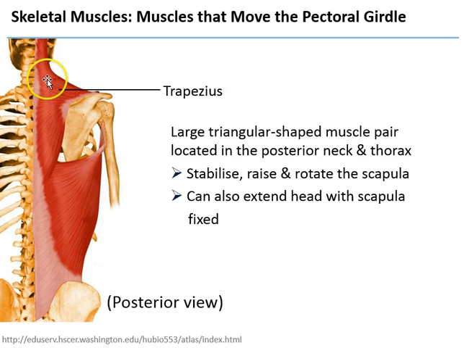It extends from the skull superiorly to the thoracic vertebra inferiorly, and it's capable of multiple actions. For example, it's important for stabilizing, raising or rotating the scapula, and it can also extend the head with the scapula fixed. So in that sense, it can operate as an antagonist to the sternocleidomastoid muscles.